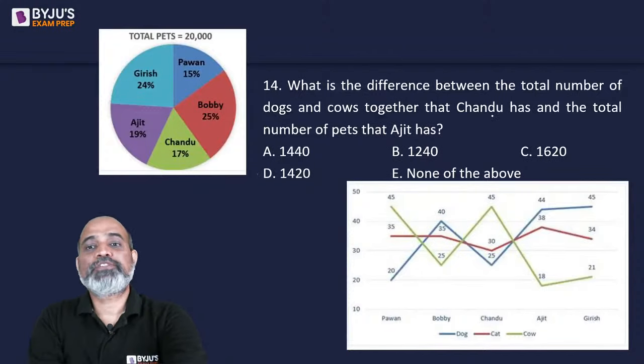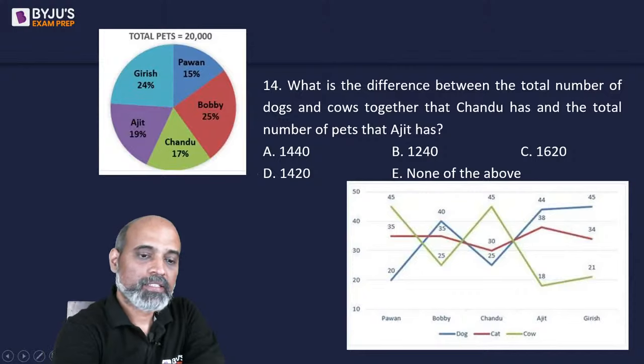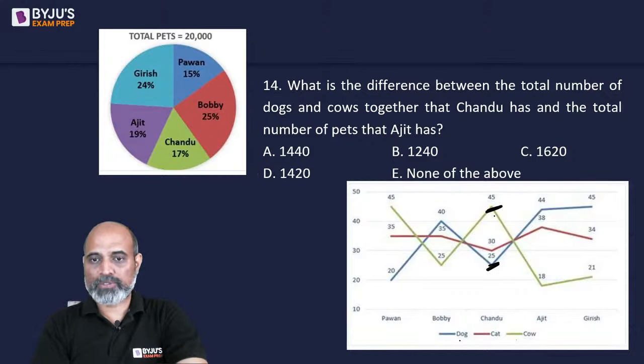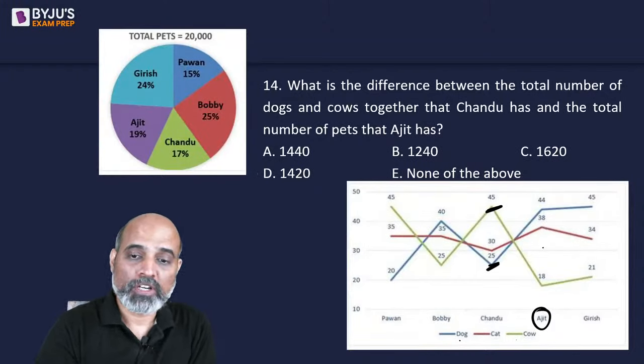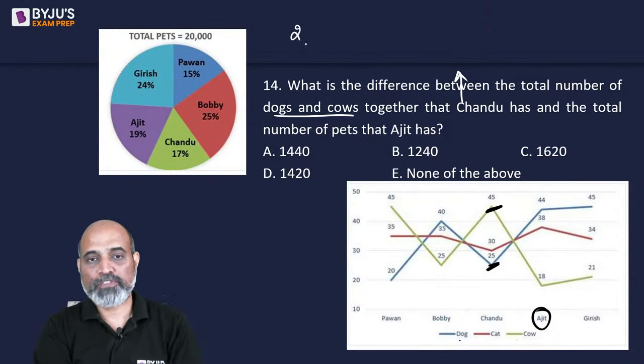Next, what is the difference between the total number of dogs and cows together that Chandu has and the total number of pets that Ajit has. So Ajit ka total. We need to find the difference. If we talk about the dogs and cows together that Chandu has, this is going to be 25% plus 45%.